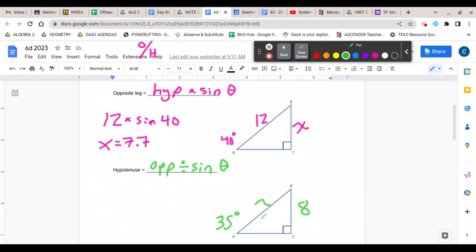We're trying to find the hypotenuse, x. If we don't know the hypotenuse, we're going to do 8 divided by sine 35.